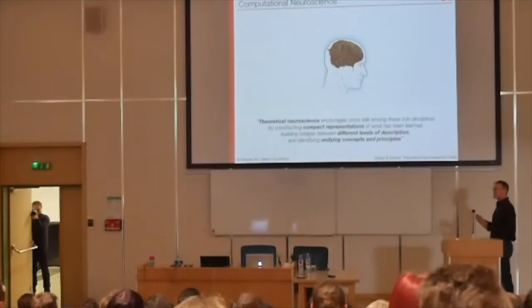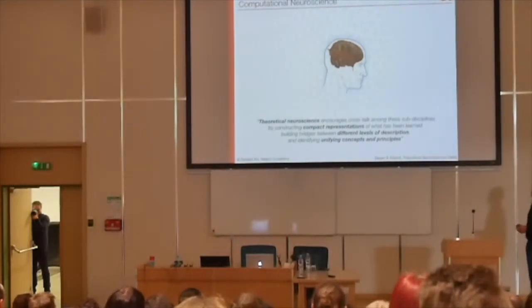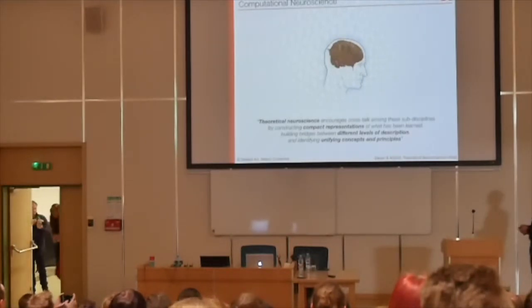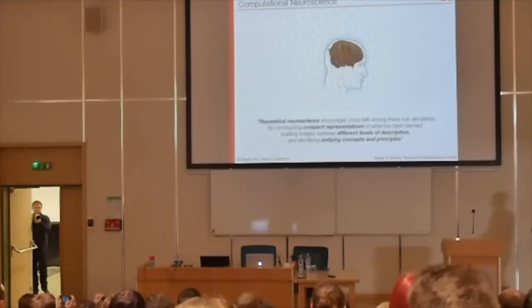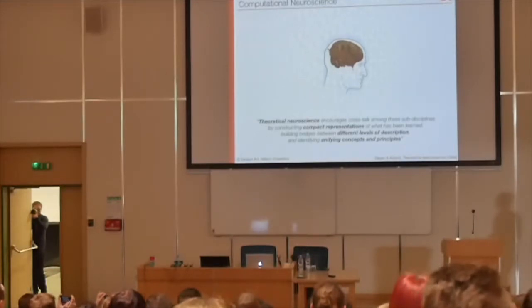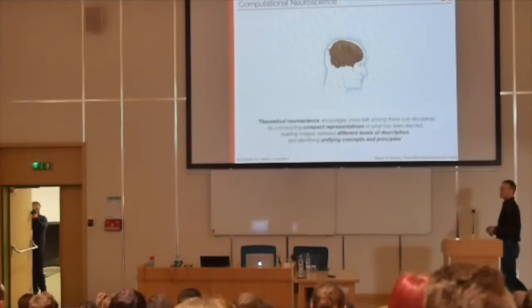Let me introduce what computational neuroscience and theoretical neuroscience has been, as described by some of the greatest people in the field. Dayan and Abbott, in their book Theoretical Neuroscience, said that theoretical neuroscience encourages crosstalk among these subdisciplines by constructing compact representations of what has been learned, building bridges between different levels of description, and identifying unifying concepts and principles.